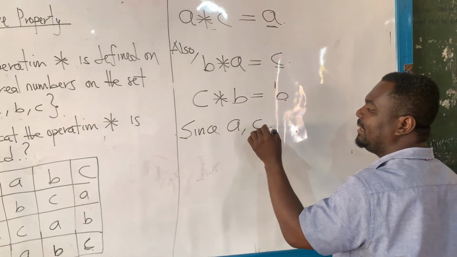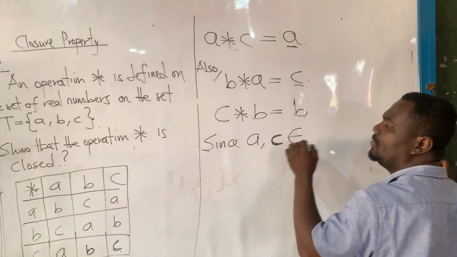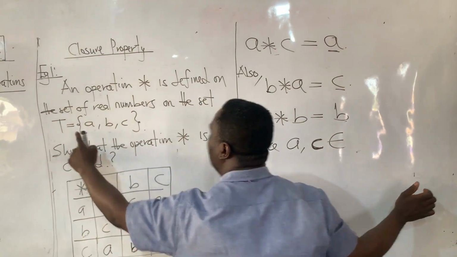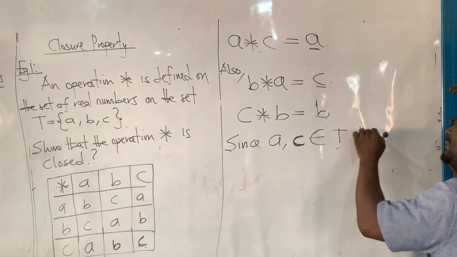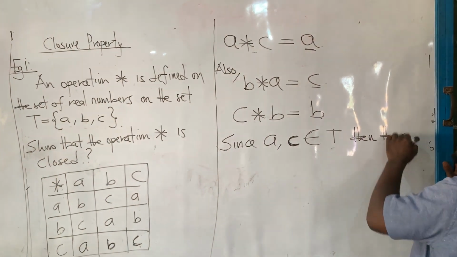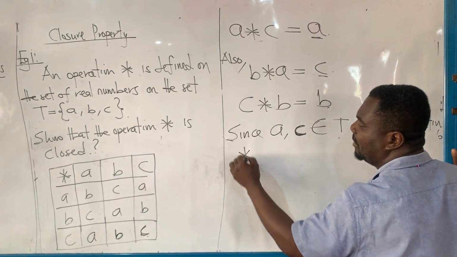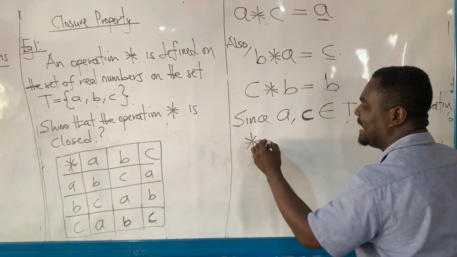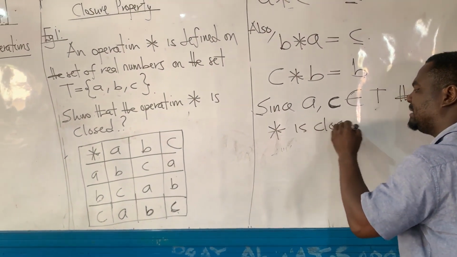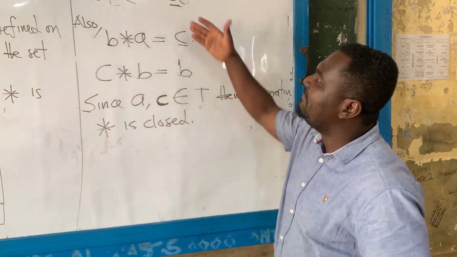Since A, C, as my answers, belong to set T, then the operation I used to draw my table, star, is closed. That's what you are going to mark.